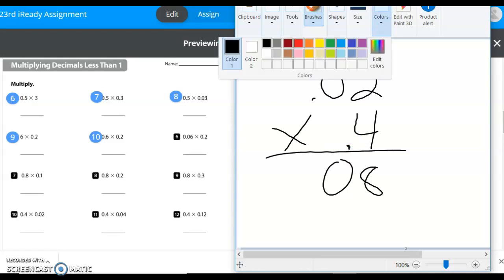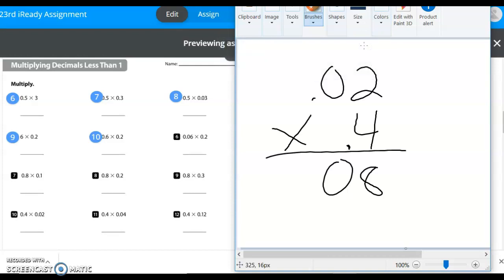So now I need to determine where the decimal goes in my answer. So I'm going to do 2 scoops, 3 scoops. I'm going to start again. I did 3 scoops. Now I want to hold that with a 0 and put my decimal. All right, so 2 hundredths times 4 tenths is 8 thousandths.